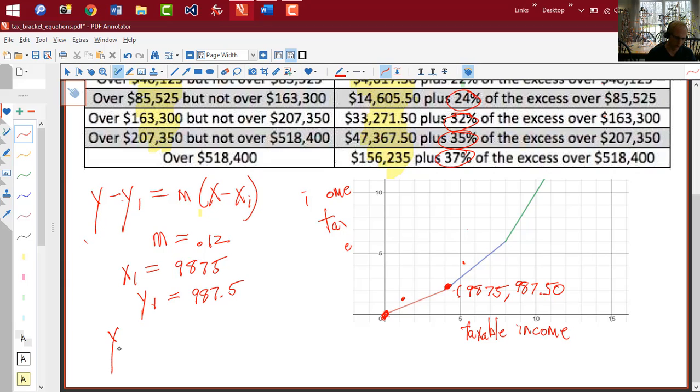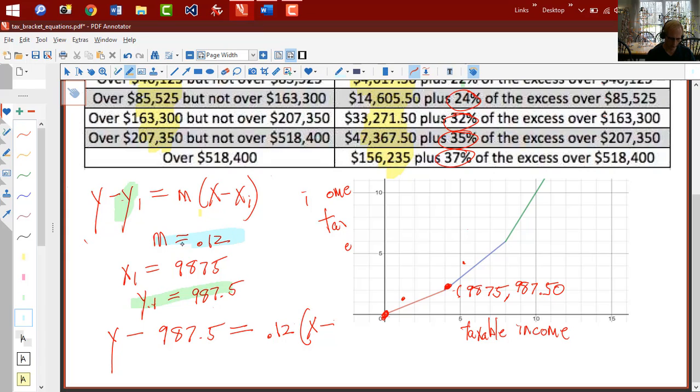So it's going to be y minus y1 equals, and y1 is, in this case, $987.50. That's equal to m, 0.12, times x minus x1.